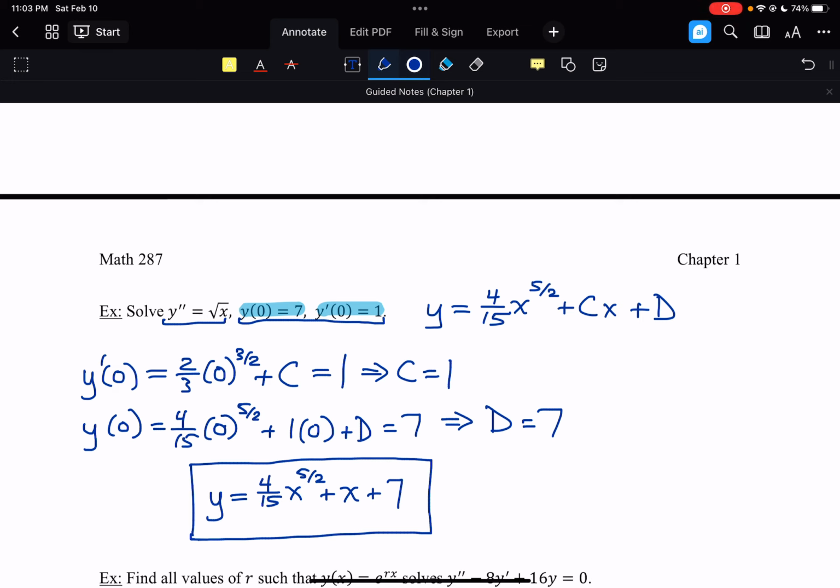So this function is a solution to this specific set of circumstances. Again, this differential equation subject to those specific constraints.